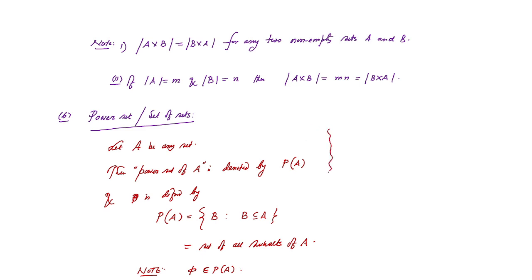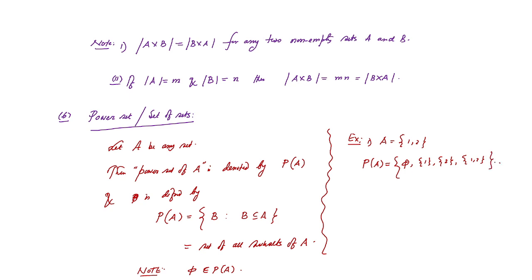Here I'll give you one example. Say your set A is {1, 2}. The question is, what should be the power set of A? The power set of A will be phi, the singleton set {1}, the singleton set {2}, and {1, 2} itself.